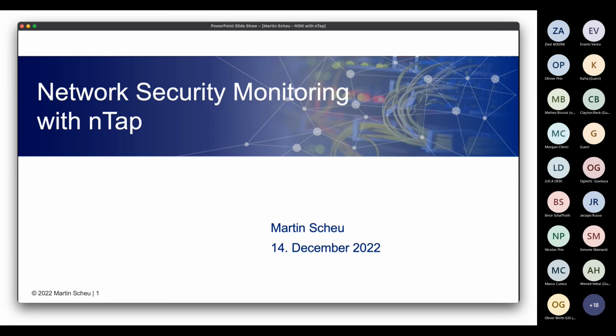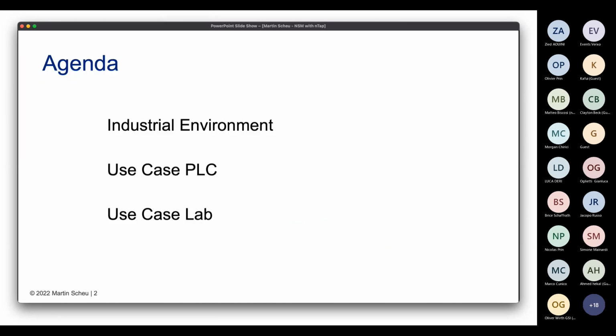I will go through the beginning very fast because we are running out of time. So why ntop is so interesting for us is because I can use it in the industrial environment, and as Luca pointed out already, it uses UDP, so I can ship traffic from a more secure network, which should not be touched from outside.